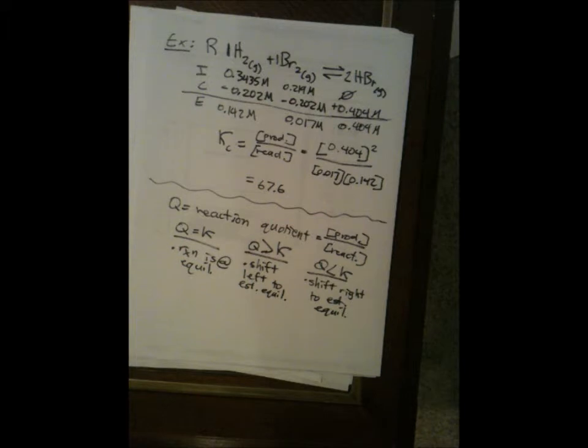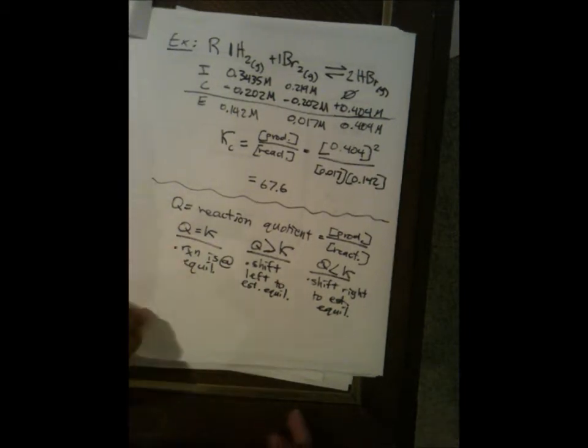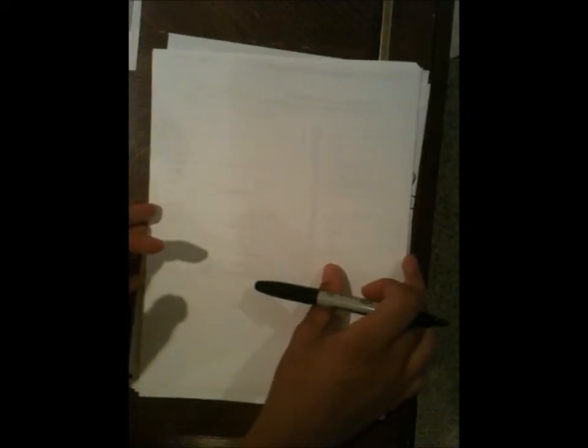Now that we have that down, we can do an example, alright? So, let's say we're given the reaction at 450 degrees Celsius. The equilibrium constant is 51, okay?